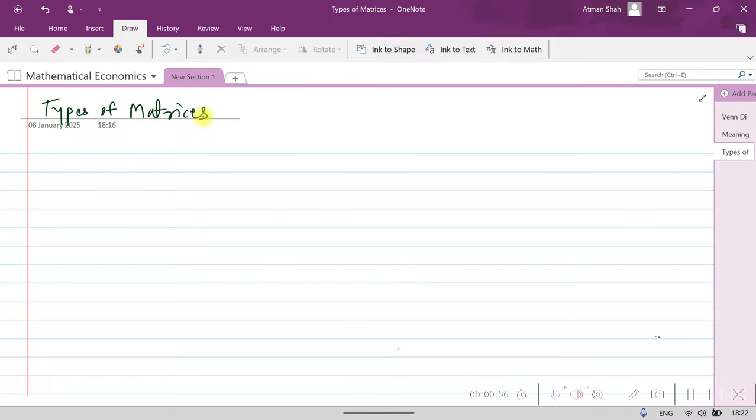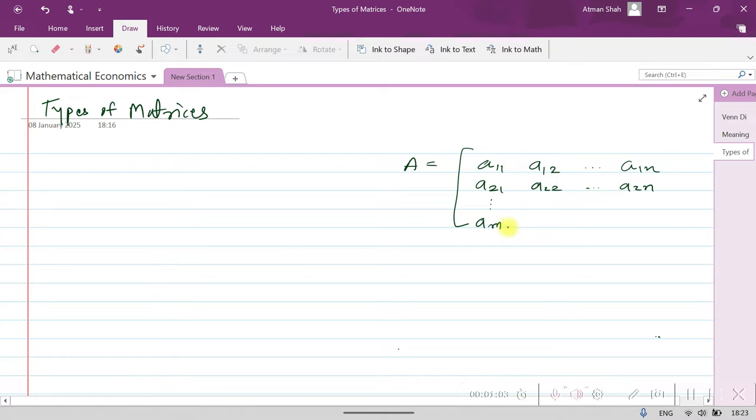So let's begin with the idea of types of matrices. Now we know that matrix is a rectangular arrangement. So suppose we have matrix A, which is A11, A12 up to A1n. Similarly A21, A22 to A2n, AM1, AM2 up to AMN.